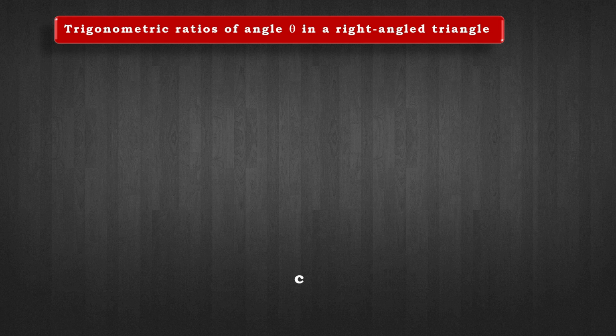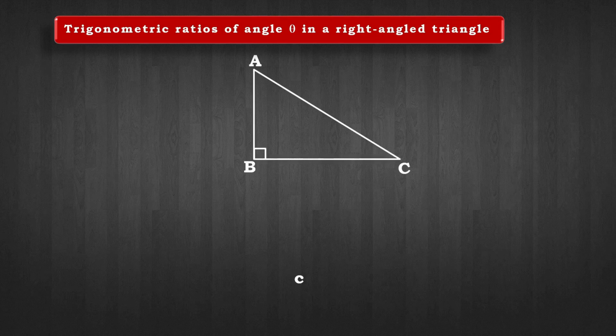Let us now understand the trigonometric ratios of an angle theta in a right-angled triangle. Look at the given right-angled triangle. The triangle is right-angled at point B, and the reference angle theta is at point A. First, let us clearly identify the sides with respect to angle theta.